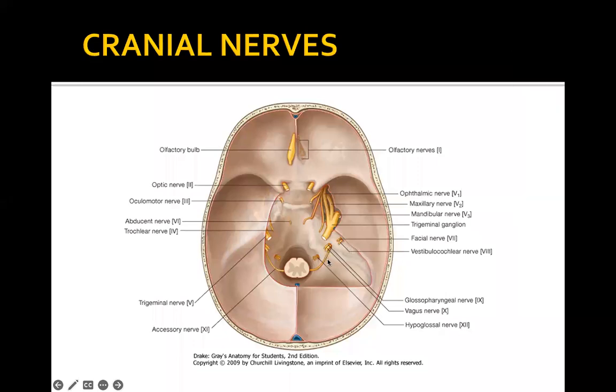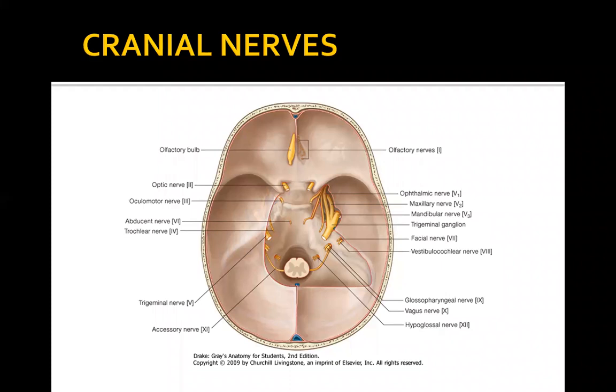Then here you can see from 8, you go to 9, which is the glossopharyngeal, then vagus, okay? So 9, 10, and 11 also pass through one aperture, the jugular foramen, okay?